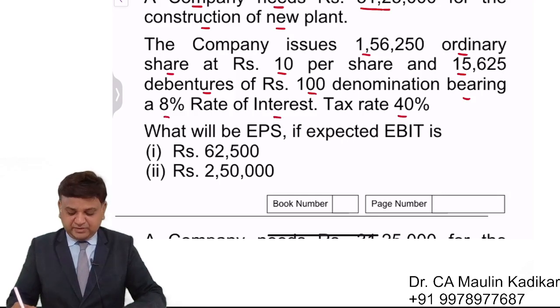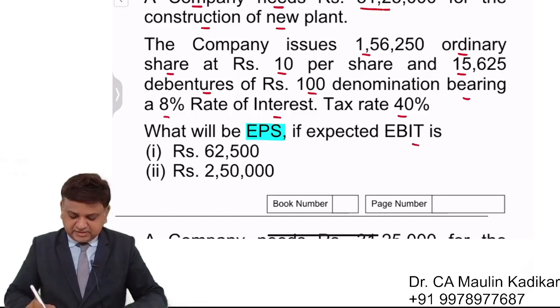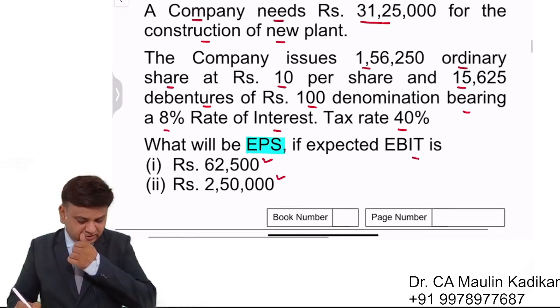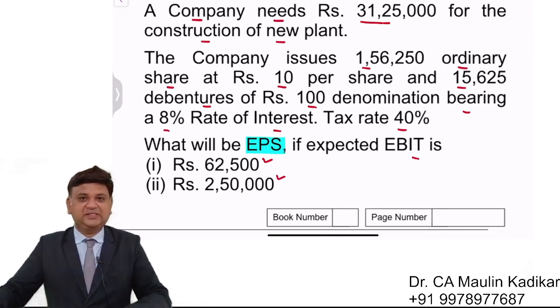Income tax rate is 40%. What will be the earning per share if expected EBIT is 62,500 and if expected EBIT is 2,50,000? That is the question. I request you to go through the question, please.